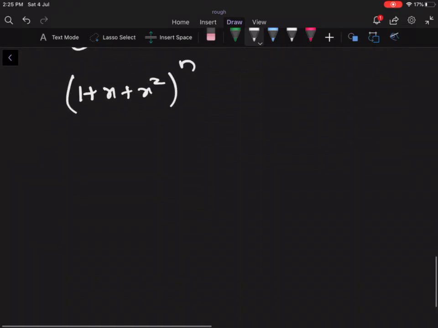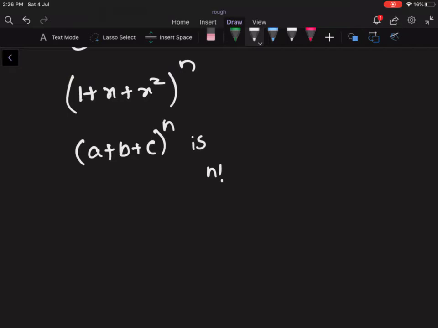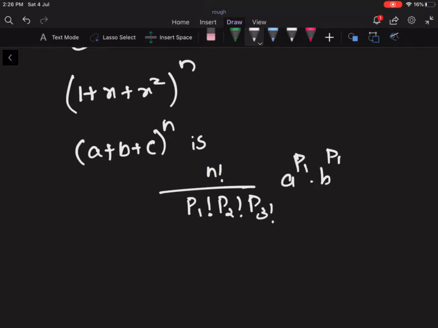and we know that the binomial expansion of (a plus b plus c) whole power n is n factorial by p1 factorial, p2 factorial, p3 factorial into a power p1, b power p2, c power p3, where p1 plus p2 plus p3 equal to n.